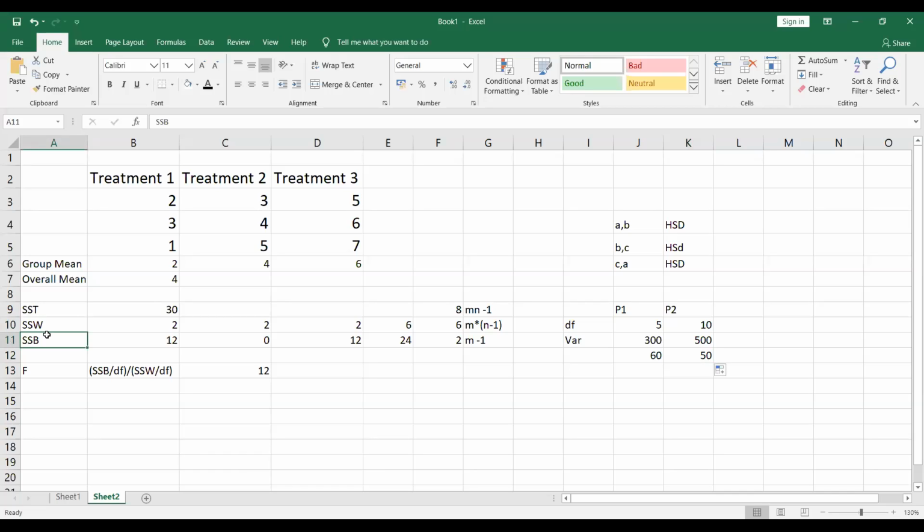If they are independent, then the within group variance and between group variance will be the same. That is what you find out and calculate something called an F score. Please remember, F statistic, F test.